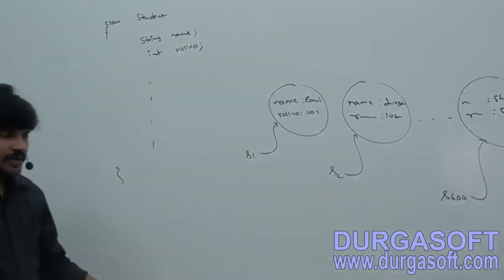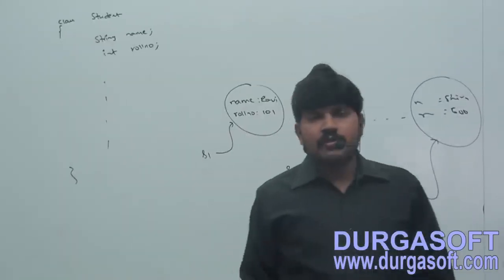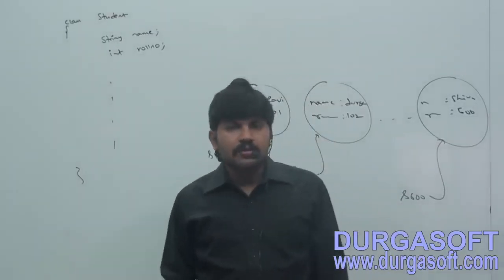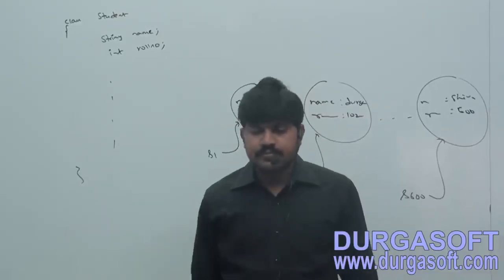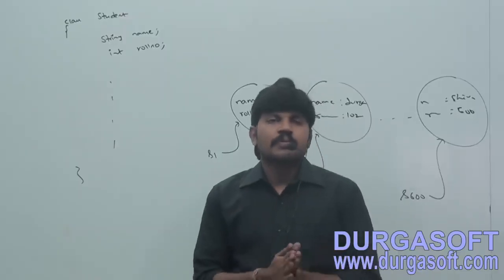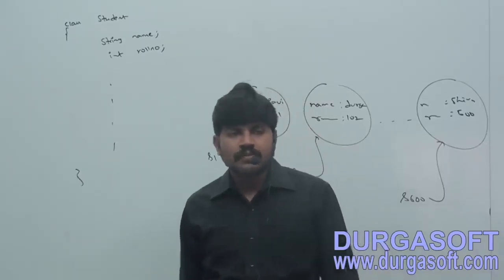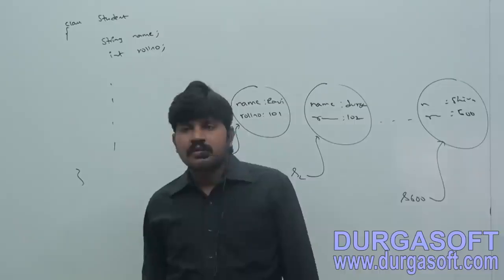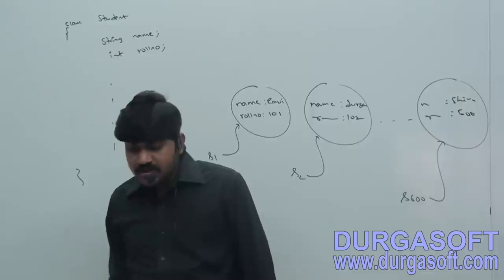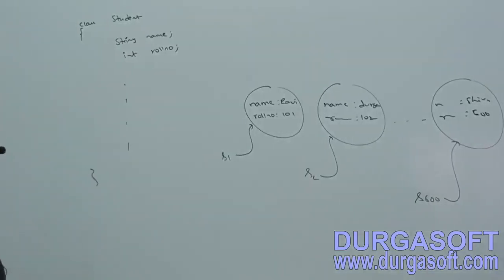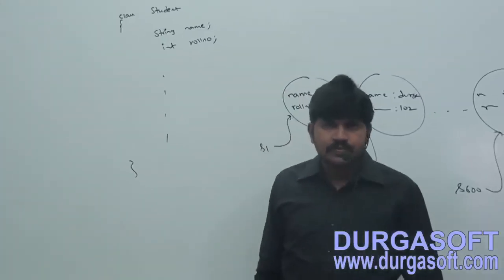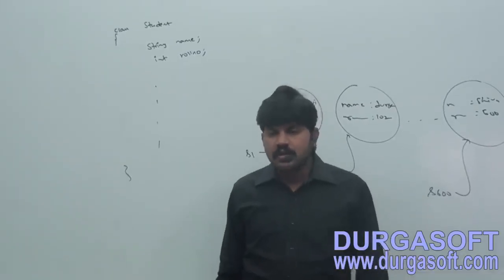Better to take it point by point. Under instance variables, the first point: if the value of a variable is varied from object to object, such type of variables are called instance variables.